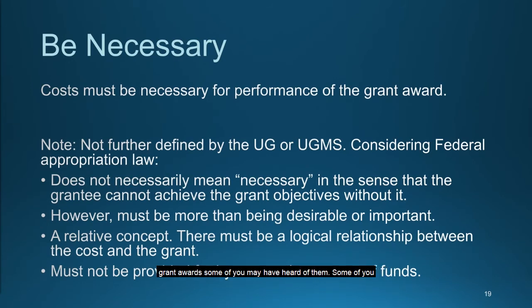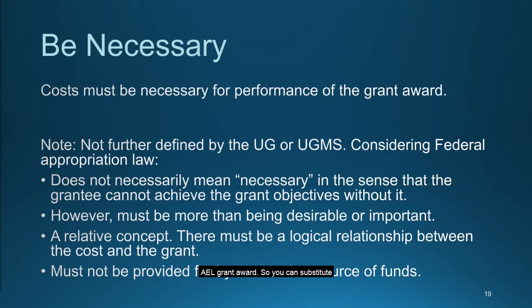Some of you may have heard of them, some of you may not. They're JET grants. So if your organization applies for a JET grant, and then you also need that same equipment in connection with the AEL grant award, the JET grant is already funding it. So it wouldn't be an allowable cost under the AEL grant award.